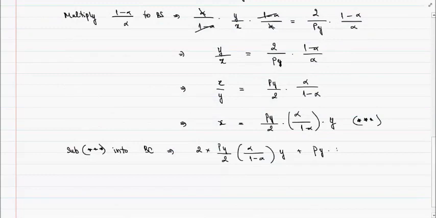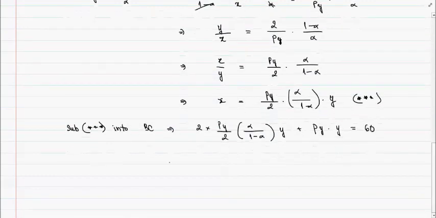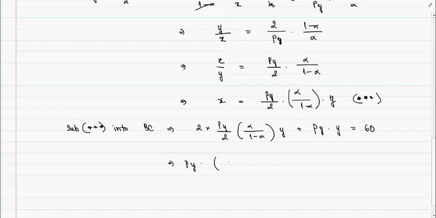Okay, so 2 cancels with 2, so what I'm left with is py times alpha on 1 minus alpha times y plus py times y, and that equals 60.